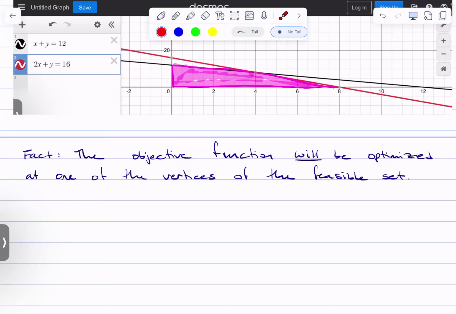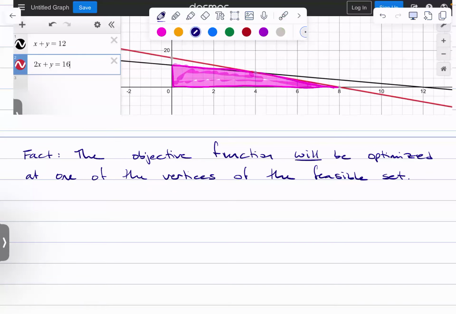Which brings us to the next problem. We need to find the vertices. Vertices are just intersections, right? We know how to do that. If I ask you, hey, where's the intersection between x plus y is equal to 12 and 2x plus y is equal to 16, you know how to find that, right? Set them equal to each other, and away you go.